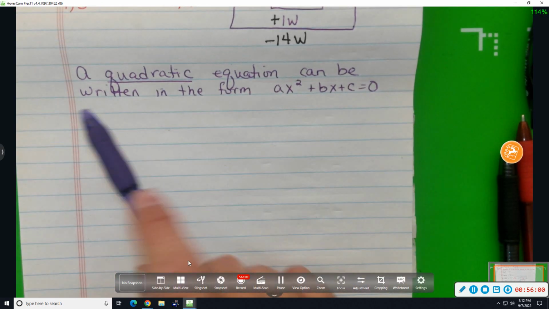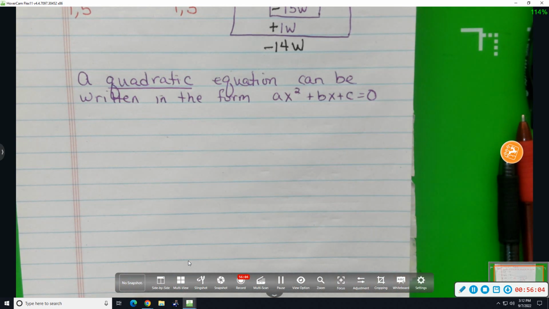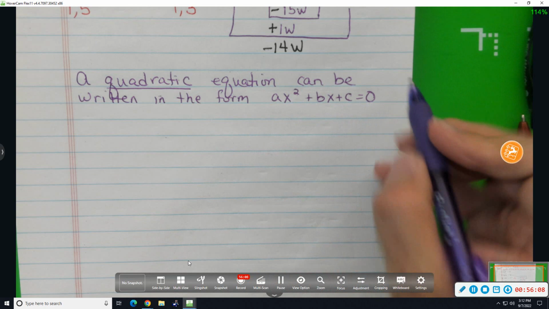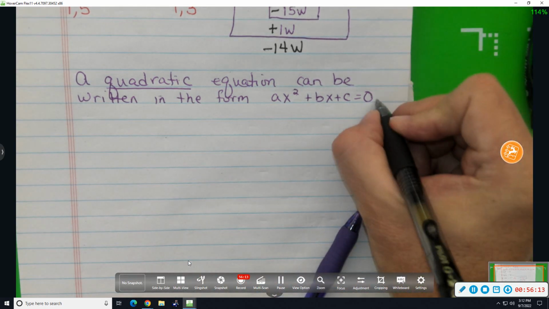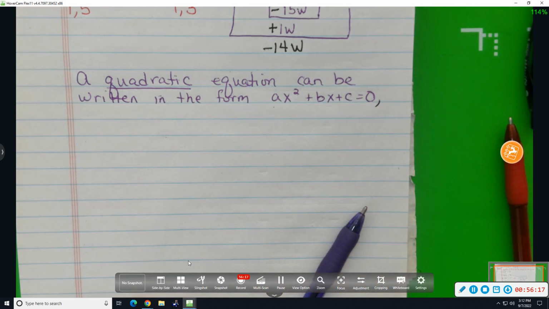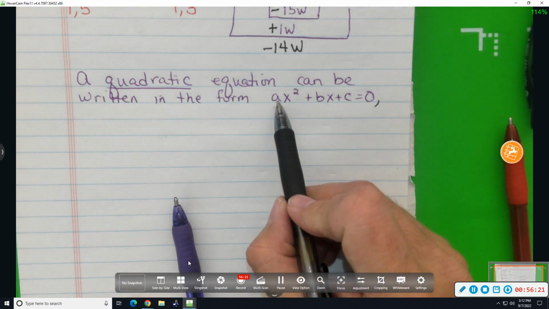But if I wanted to state a formal definition, and that's what I wanted to do right here, just so y'all can see some formal definitions written, there's something else I need to write here, and I'm running out of room. A, B, and C are just numbers, any number you want, except for what? If we're going to have an x squared term, A can't be what number?